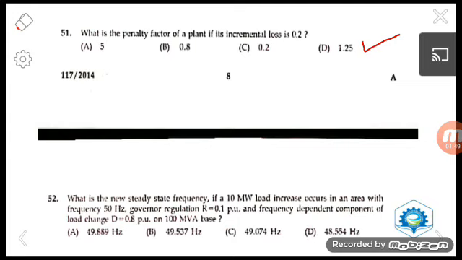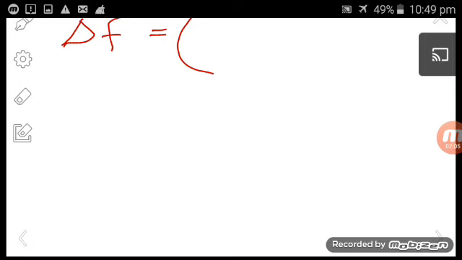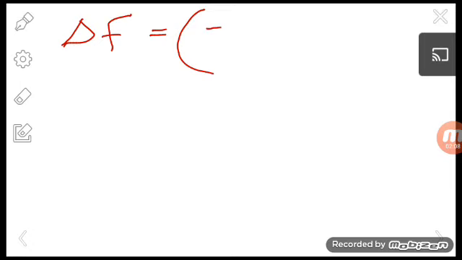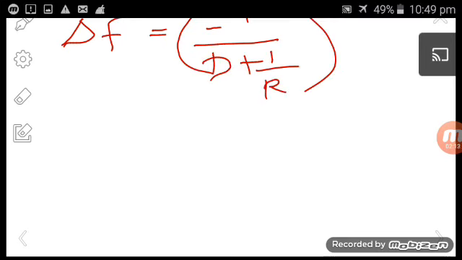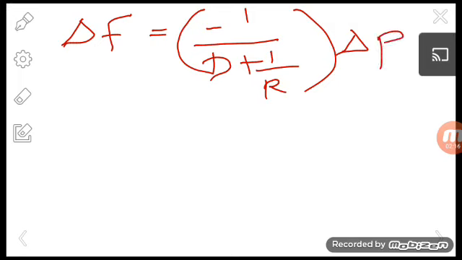So we have to find the new steady state frequency here, and we know the equation is delta F equal to minus 1 by (D plus 1 by R) into delta P. Here delta P is the change in load, and delta F is the change in frequency, and D and R are already given.